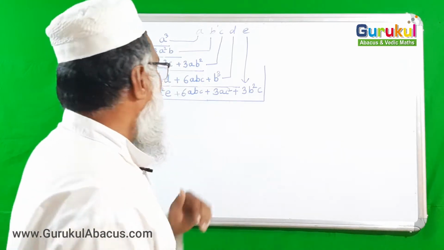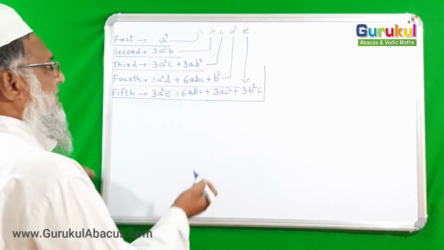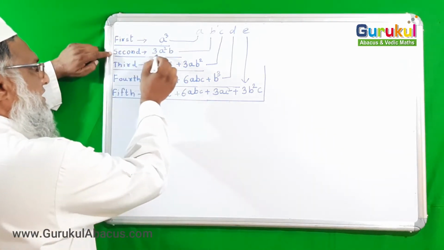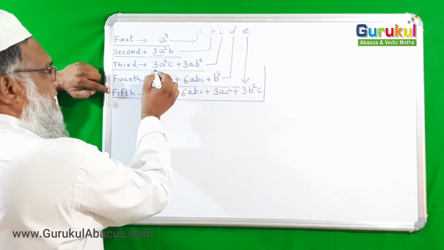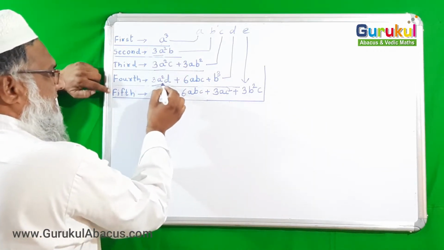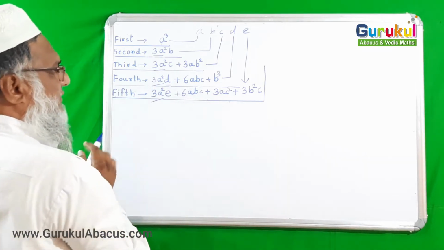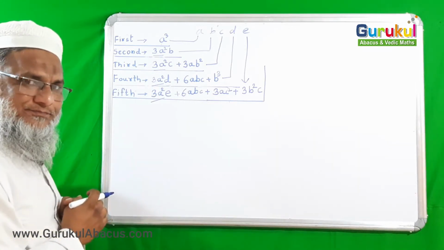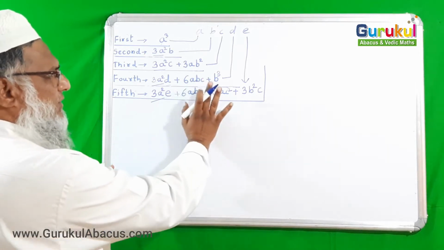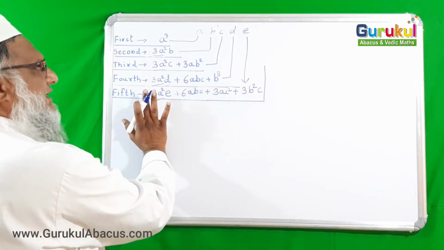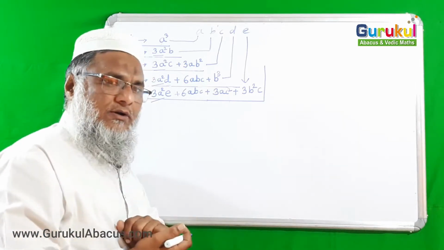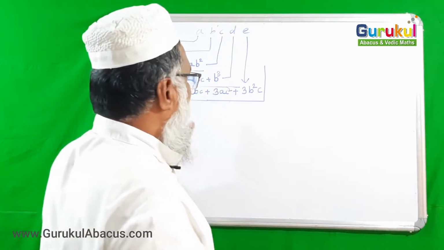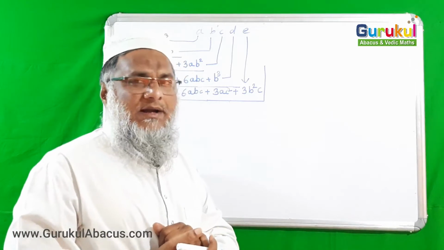To find the values of b, c, d and e, one thing is common: every time we subtract something and then divide by 3a square. With the help of that, we can solve this example by the division method.